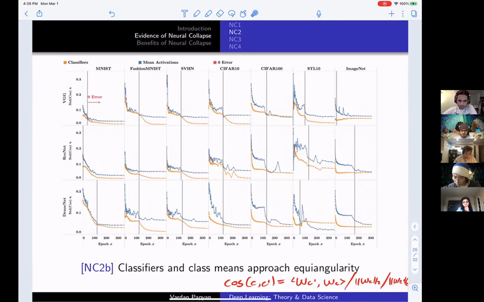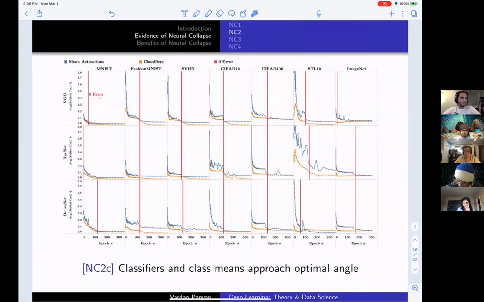In some cases it decreases to a better value, in some cases to a slightly worse value. But in all cases, it's less than 0.1, which means that the standard deviation is very small. So this shows that the angles are equal.